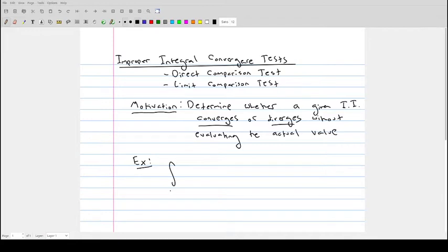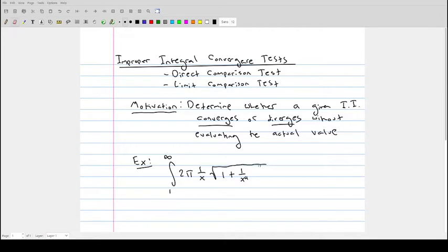So in the last lecture, we talked about the surface area of Gabriel's horn, which is the integral of 1 over x times 2 pi times the square root of 1 plus 1 over x to the power 4. In the previous lecture, we showed how to use what's called the direct comparison test, and we're going to formalize that in this lecture for this example, but also for any other example where you might have a direct comparison for the integral.